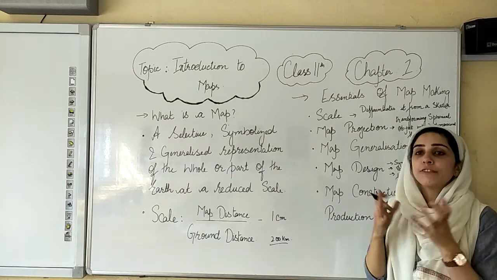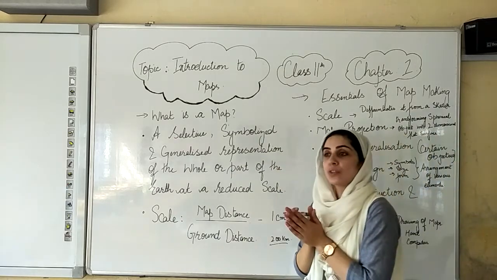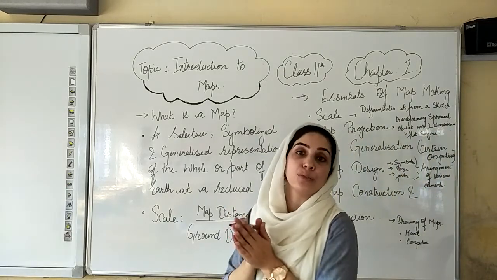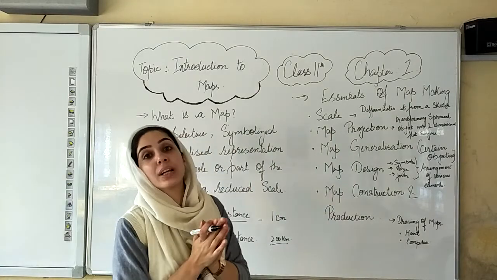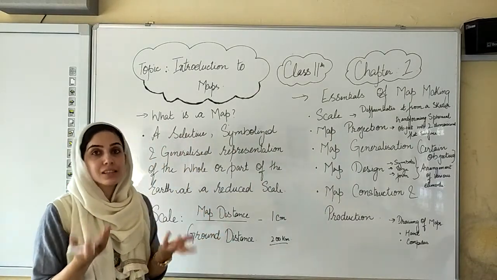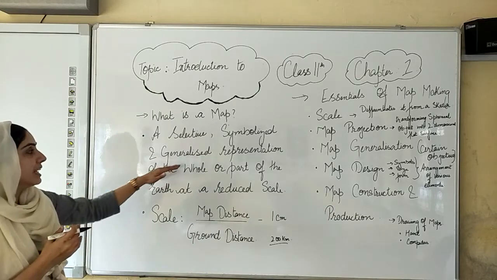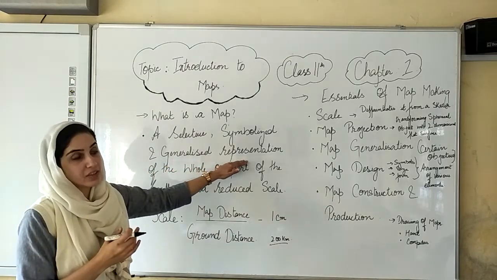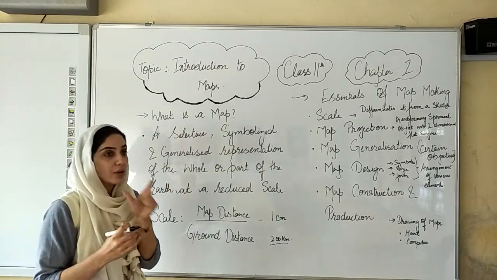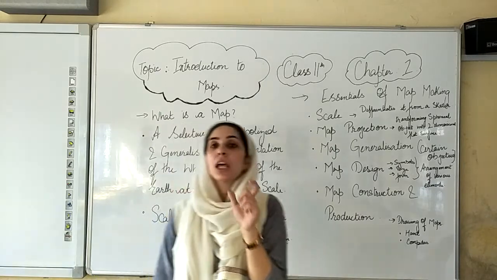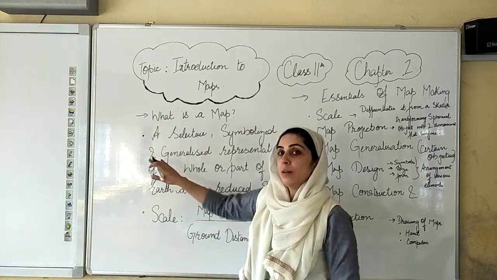We show the various parts of the earth, for example, we show the mountains by various colors, symbols, etc. And then generalized representation. A general part or a general particular element is shown on the map.